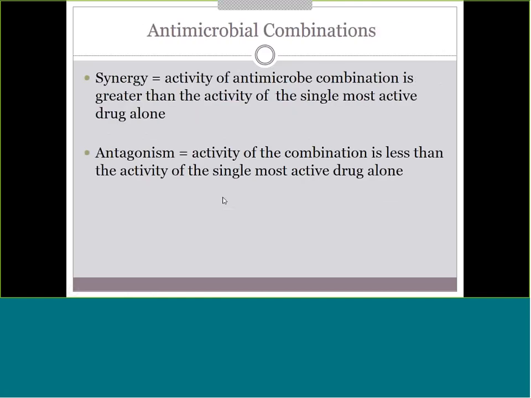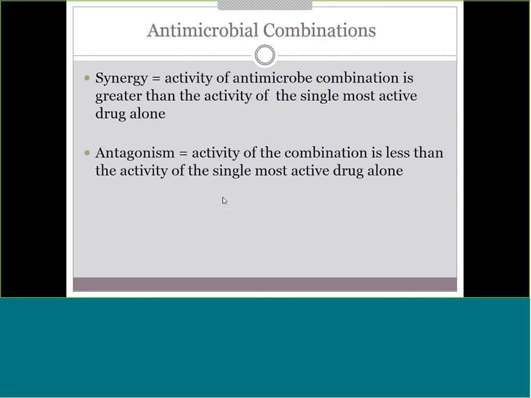All right, and some other antibiotic terms. Synergy is when a combination of antibiotics works better together than when they work on their own.